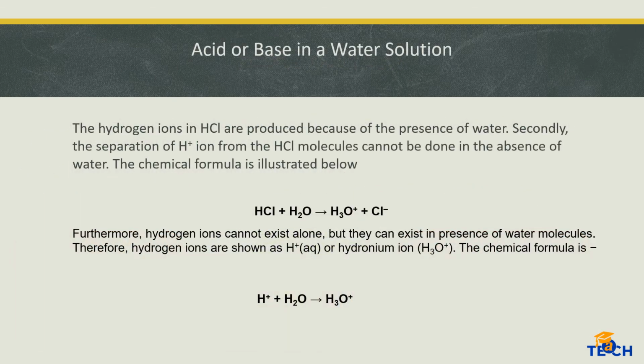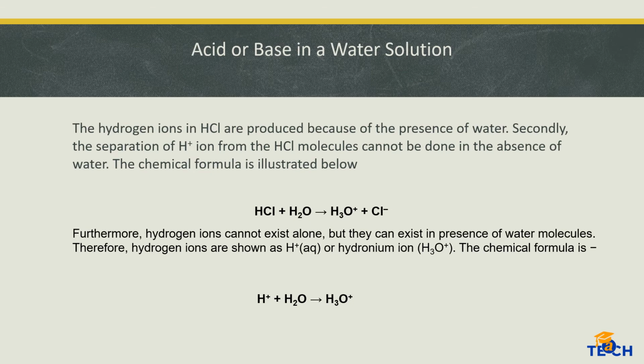Acid or base in a water solution. The hydrogen ions in HCl are produced because of the presence of water. Secondly, the separation of H+ ion from the HCl molecules cannot be done in the absence of water. The chemical formula is illustrated below. Furthermore, hydrogen ions cannot exist alone, but they can exist in the presence of water molecules.